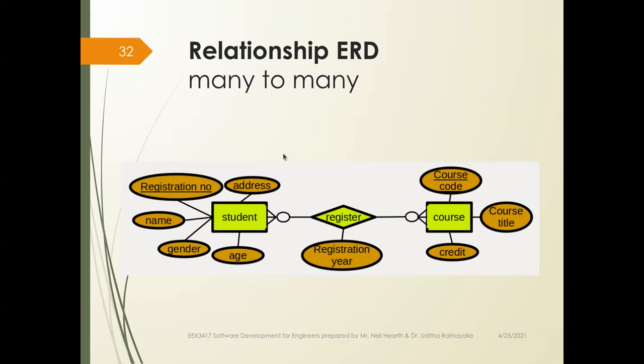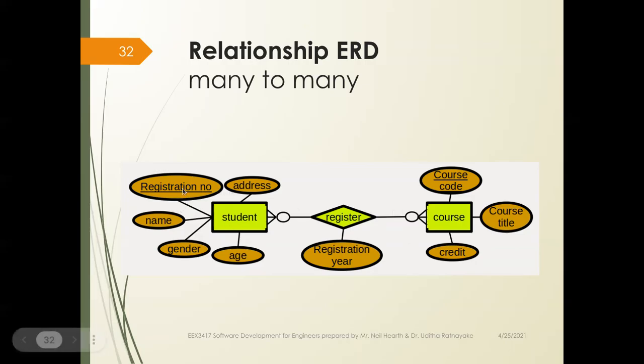Here is the relationship, here many to many, and here this is the one. Here the O mark means zero or more. If we write a vertical line, it becomes one, no zeros.